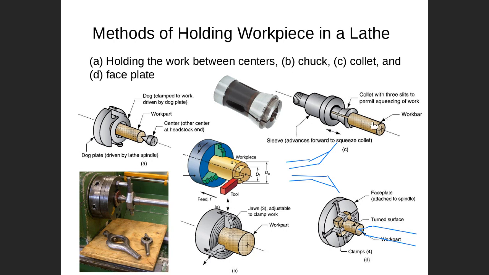The collet. This is the feeding mechanism in the pencil. This is the feeding mechanism being used in the pencil. So this is the workpiece in the collet. When you push here, we use a pneumatic system to push here. When you push here, this one will move out and open. Then you can feed the workpiece.